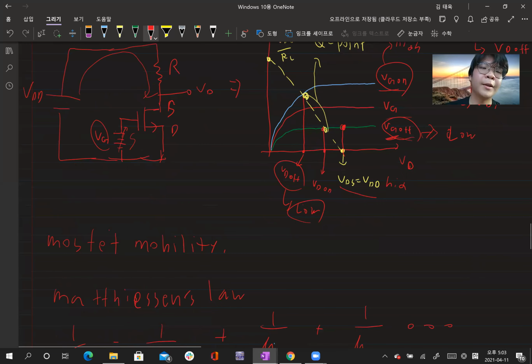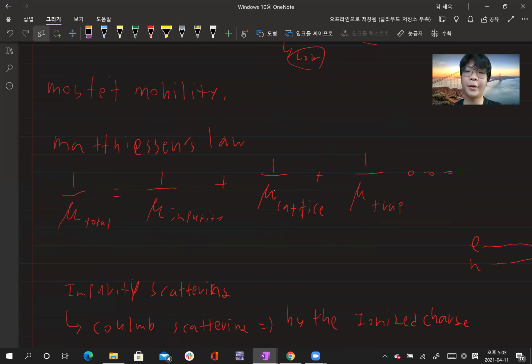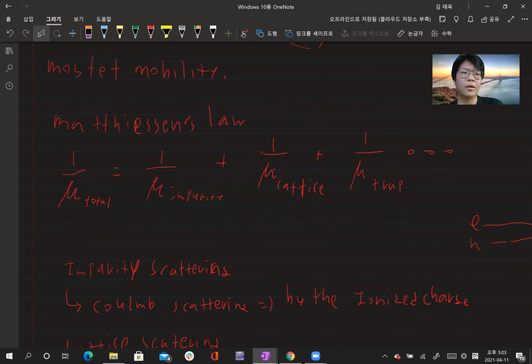In a MOSFET, there are a lot of barriers that keep electrons hard to move: scattering.